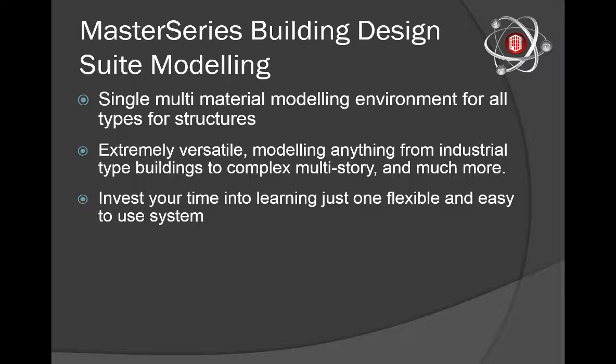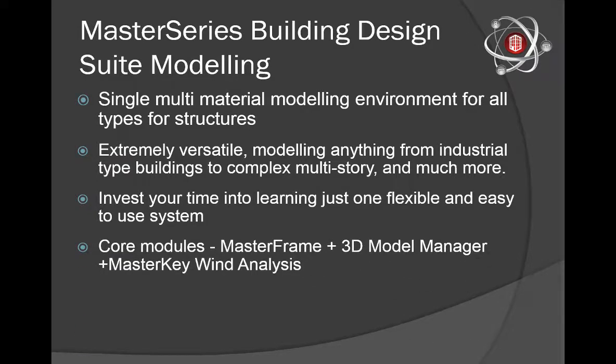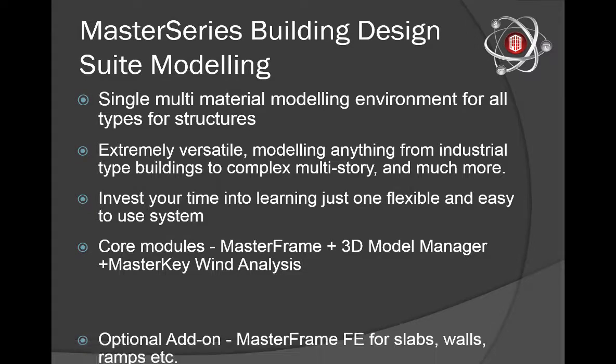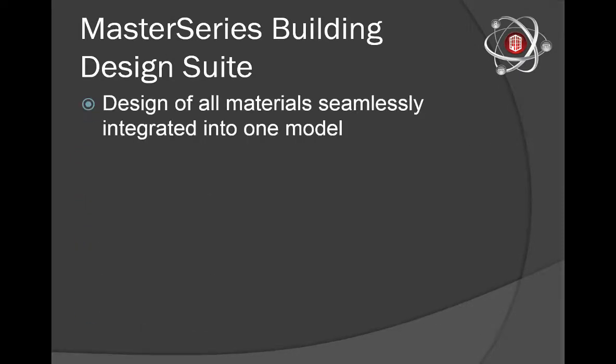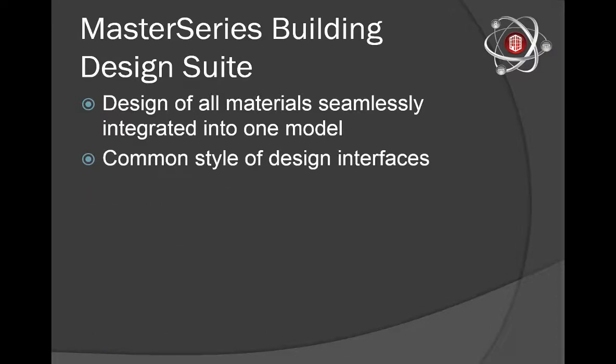One of the nice things is it's all inside one environment. As we said, steel, concrete, timber, composite, all inside the one environment. All the materials are seamlessly integrated into this one model.